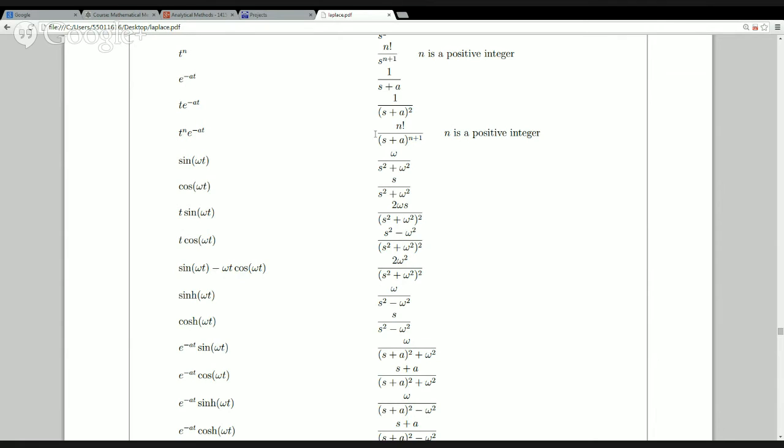Yeah, that's right. S plus 1 on the bottom. Sorry, yeah, thank you. So I need to sort myself out here.